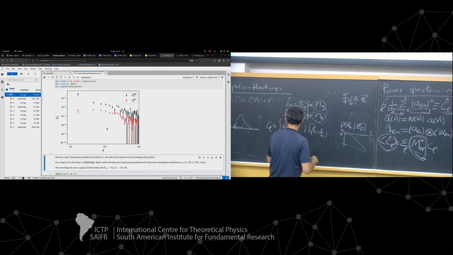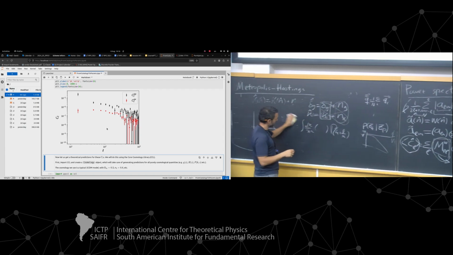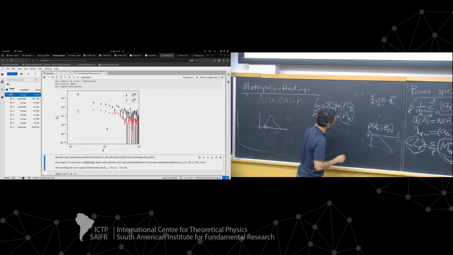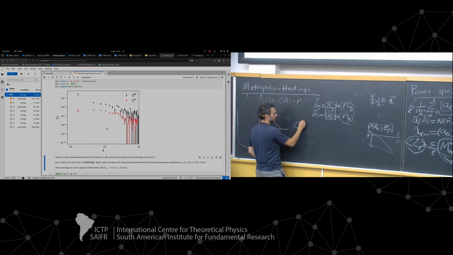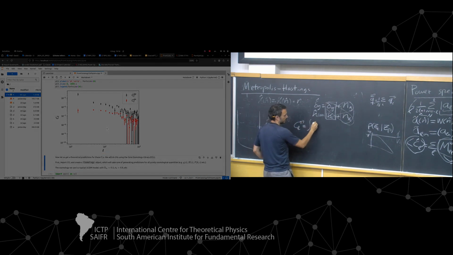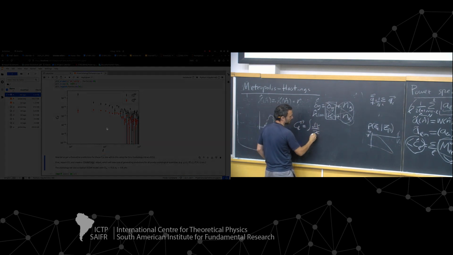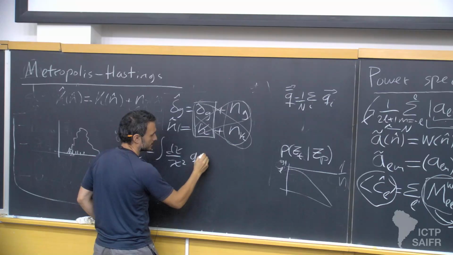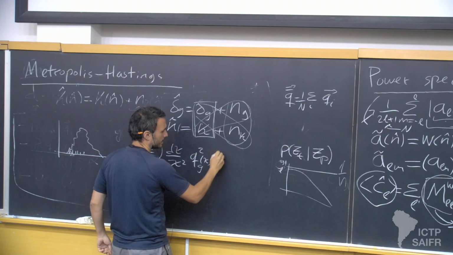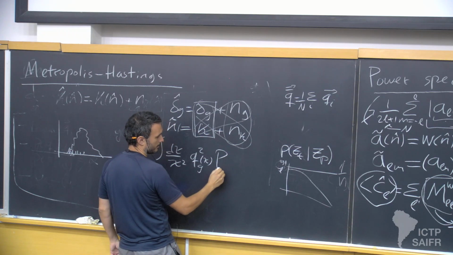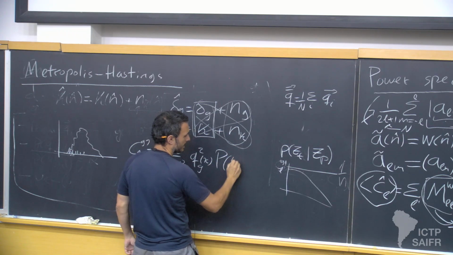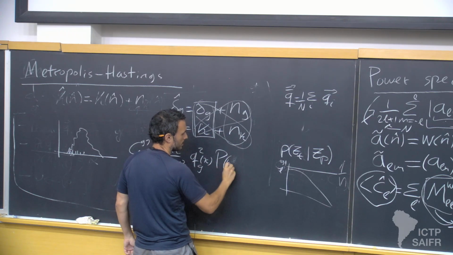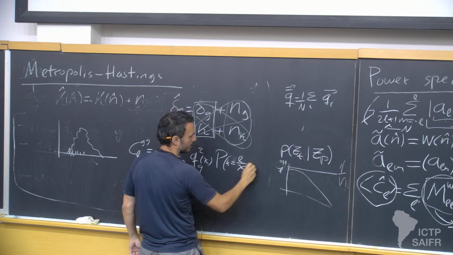So let me actually write this properly, because we're going to need it now if we write theoretical predictions for these C_Ls. So the C_L GG is the integral along the line of sight of the kernel for galaxies squared times P galaxy, P of k equals L over chi, comma z.